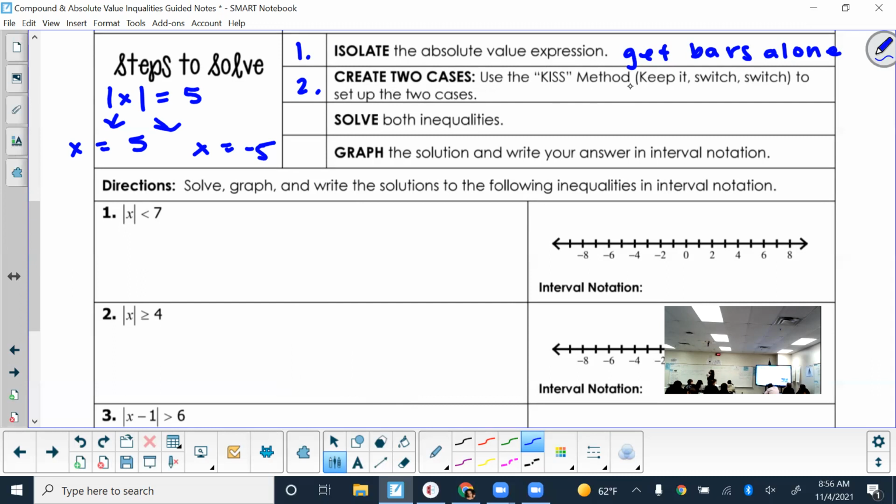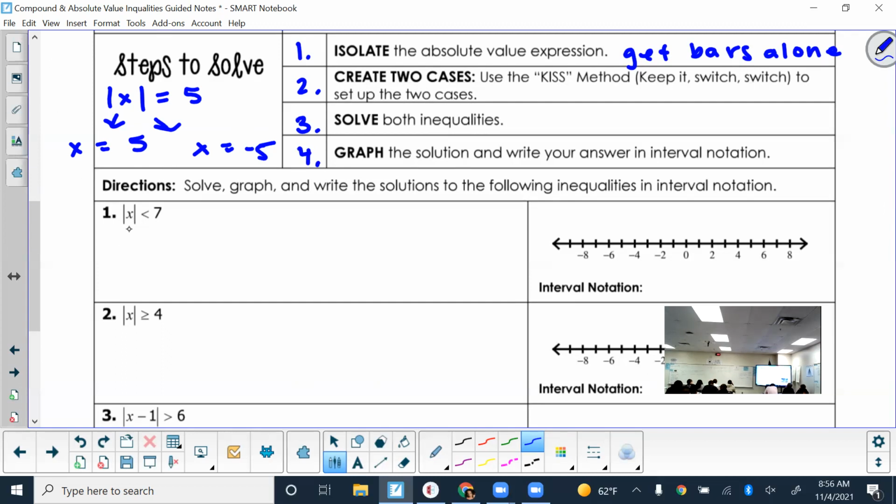So since we're dealing with inequalities, you need to switch the sign, the inequality symbol, flip it, and then make whatever number it is the opposite sign. And we'll do an example so you know what that means. After you make the 2 separate problems, you solve them separately. Step 3. And then step 4 is to graph it on the number line.